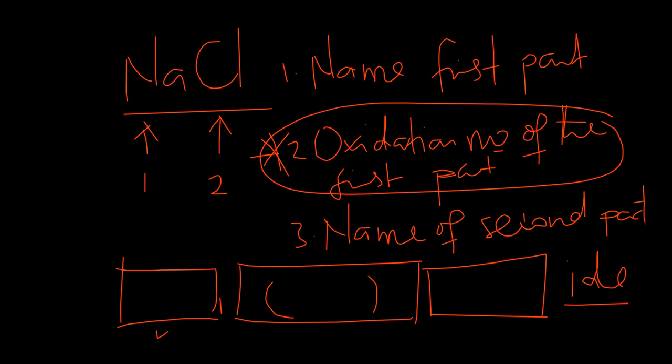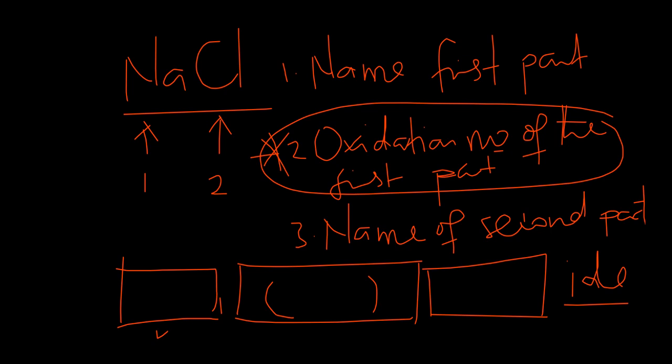There are some elements that have variable oxidation state. I remember when we were looking at oxidation numbers, we looked at some elements with variable oxidation state. Example, sulfur is an element that has variable oxidation state. Another example is iron. Another example is zinc, copper. All of these elements have variable oxidation state.